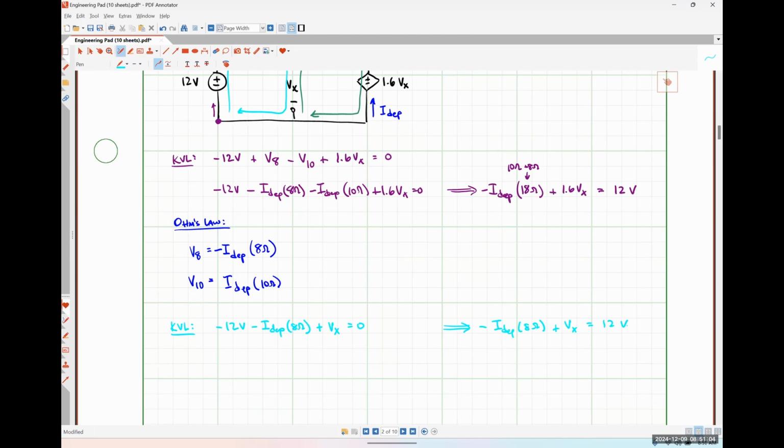So now I have two equations and two unknowns. So it seems like I should be able to solve this system. We could do it by hand, except that I'm never going to bother doing that because that's what we have calculators for. So let's use the system solver capabilities of our calculators to find these things out.